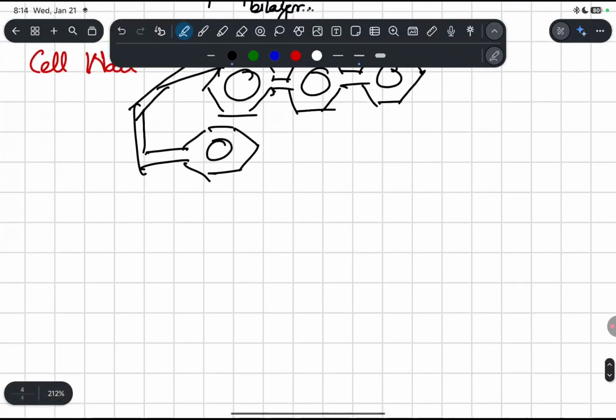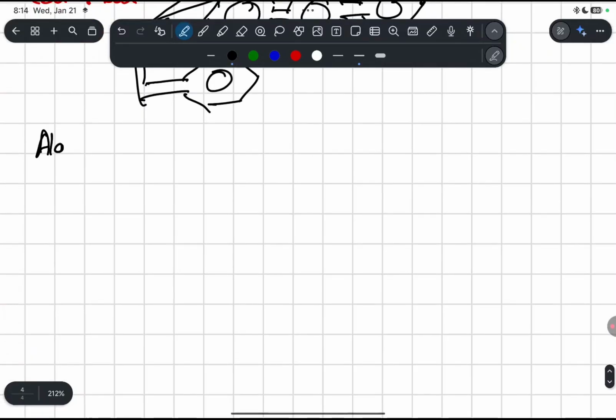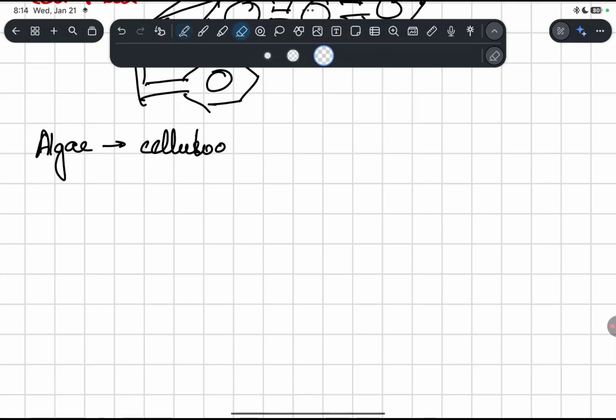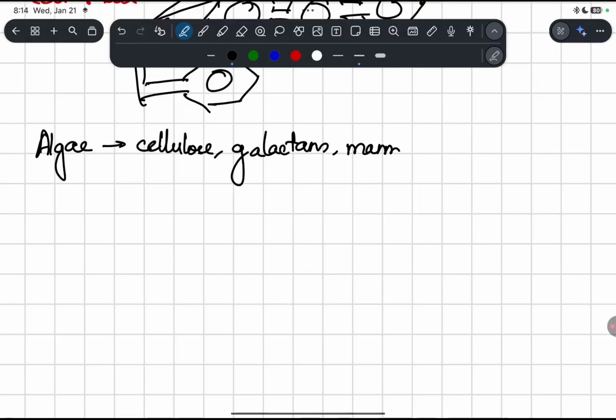There are various compositions. For example, for algae, the cell wall will be made of cellulose, galactans and mannans.